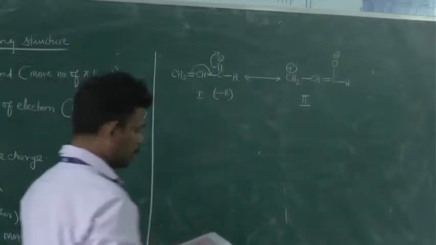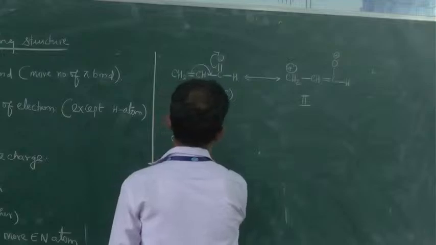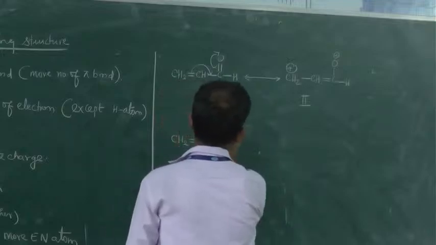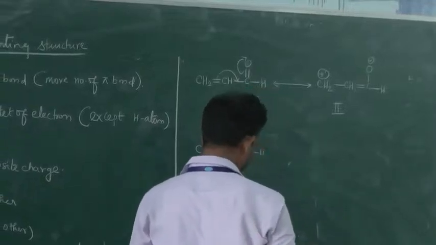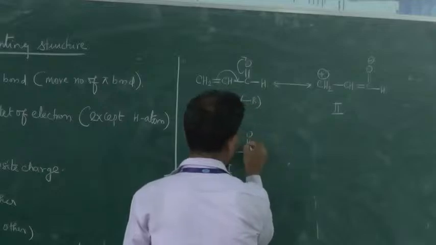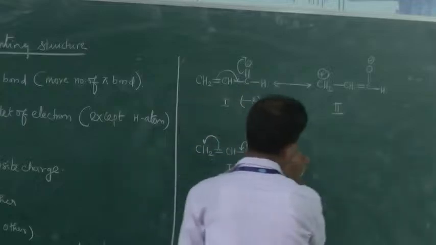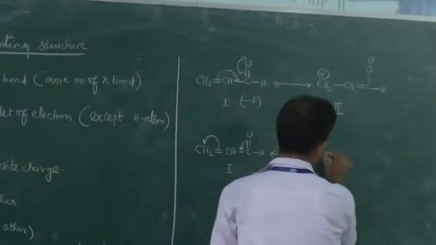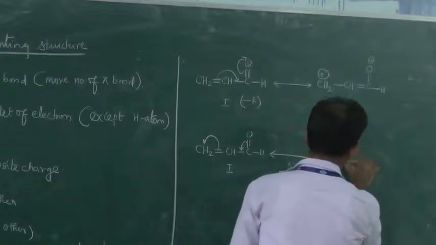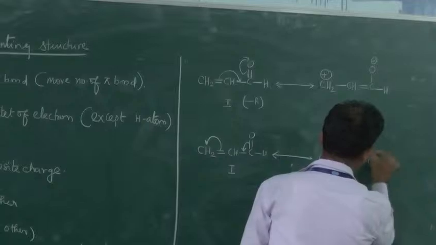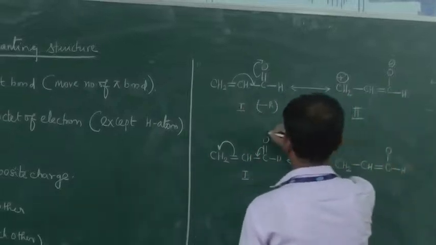Third resonating structure. For example, you take CH2 double bond CH, COH. Is it clear? Suppose I move the pi electrons towards another pi bond. In the direction I move, I will get another resonating structure, which is going to be a double bond; this will become a single bond; this will become CH; this is going to be a single bond. In this case, we have two lone pairs.